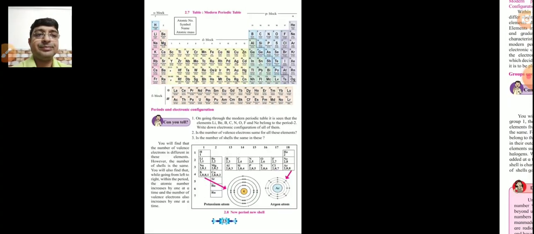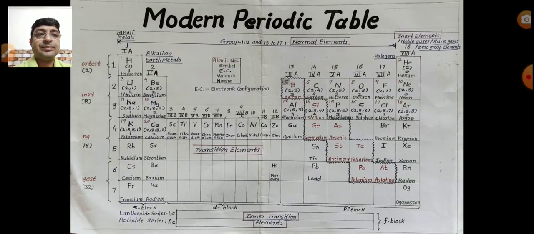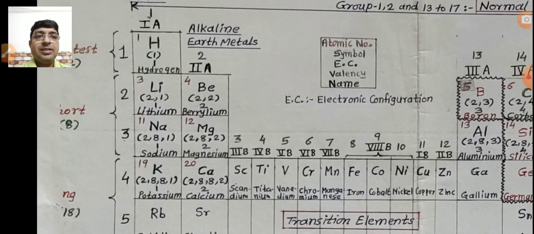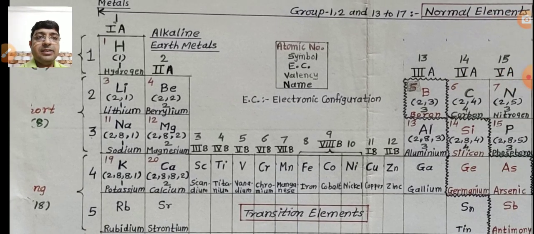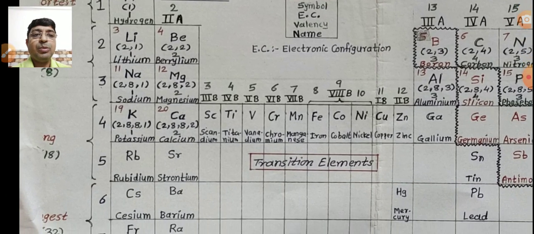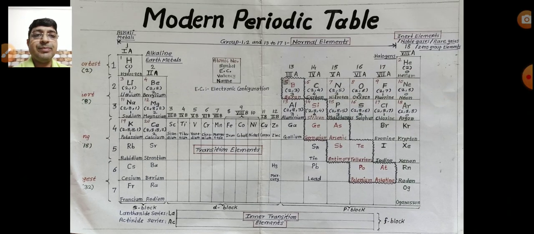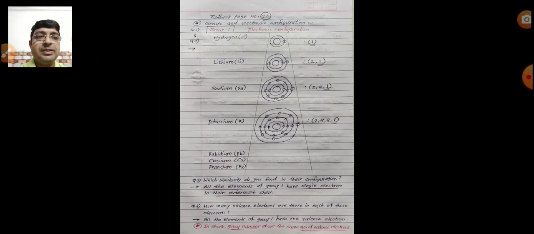Now see that. Here also one table is given, and it is also in the textbook. The first element in group 1 is hydrogen. Second is lithium. Next are sodium, potassium, rubidium, cesium and francium. So some questions are given here. Now see those questions.